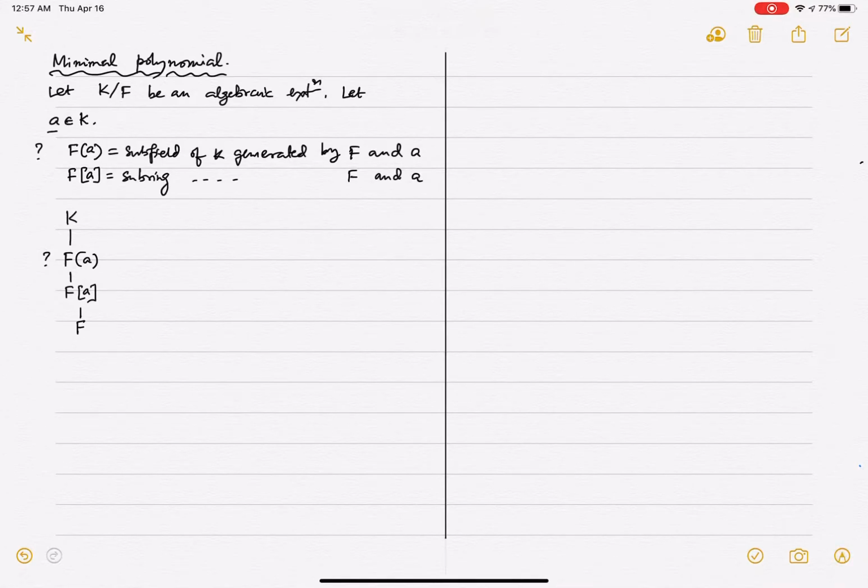The first observation is that there exists a surjective ring homomorphism.